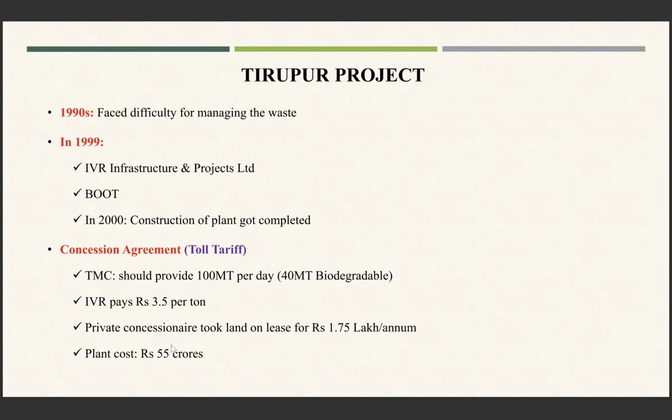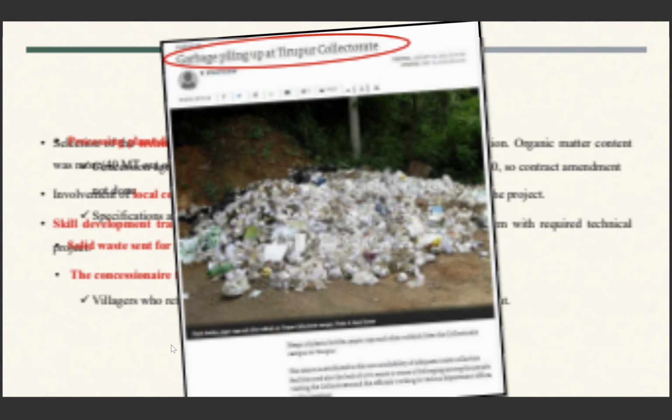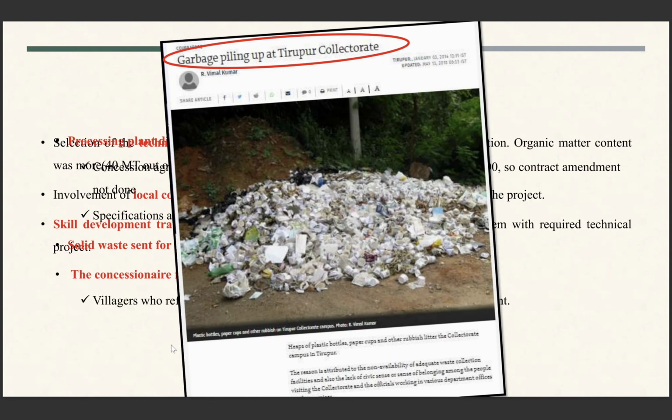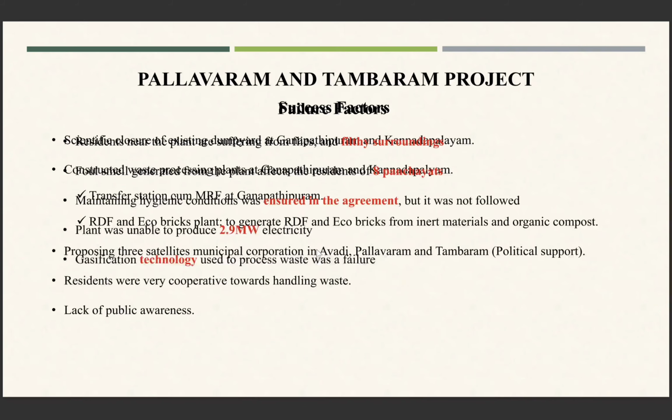The concession agreement was that 40 metric tons of biodegradable waste should be provided, and IBR, this company, will pay 3.5 per ton, and the private concessionaire took land on lease at 1.75 lakh per annum, and the plant cost nearly 55 crores. So we can see there is also overlapping.